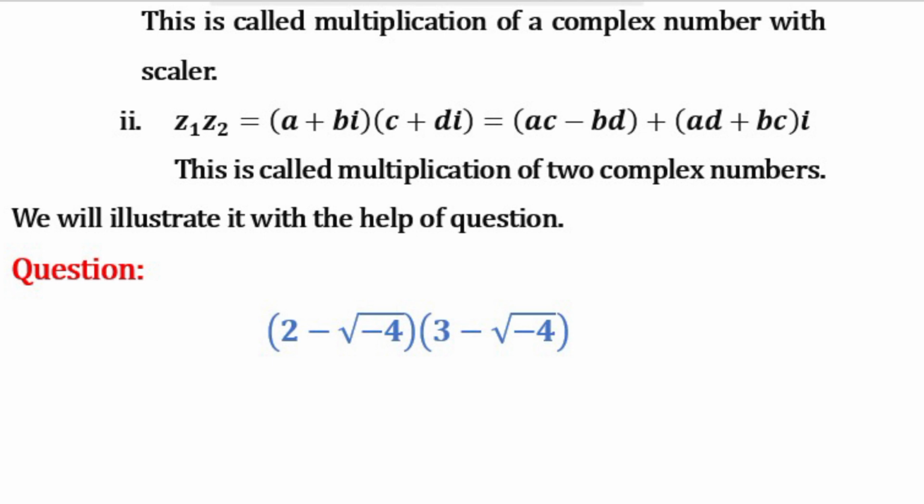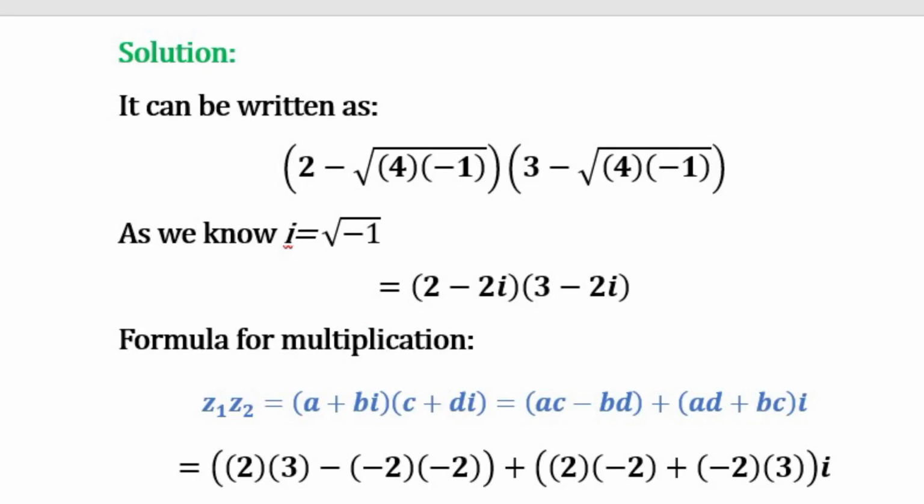Consider a question: 2 minus square root of minus 4, one complex number, and 3 minus square root of minus 4, another complex number. Square root of minus 4 can be written as square root of 4 multiplied by square root of minus 1. Square root of minus 1 is iota, so we will get 2 minus 2 iota and 3 minus 2 iota.